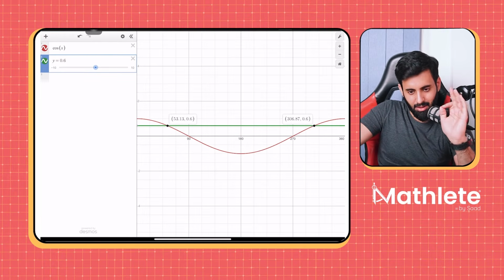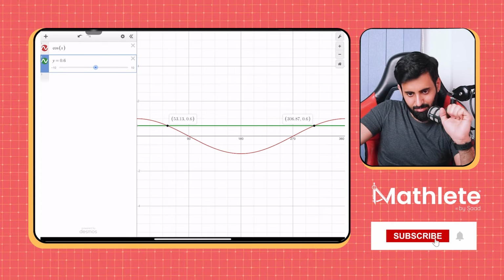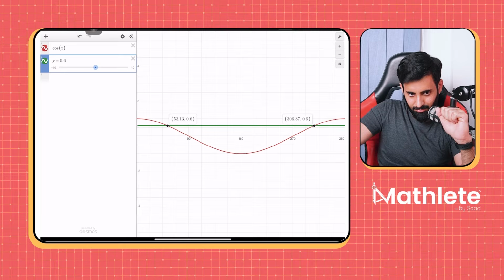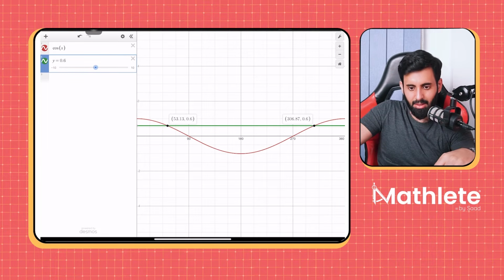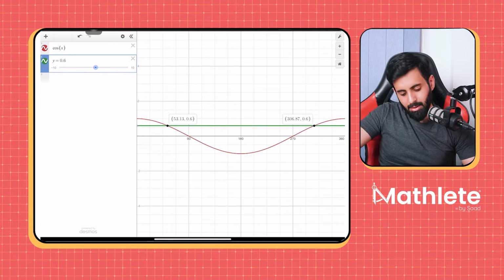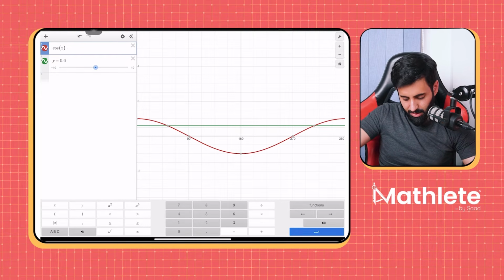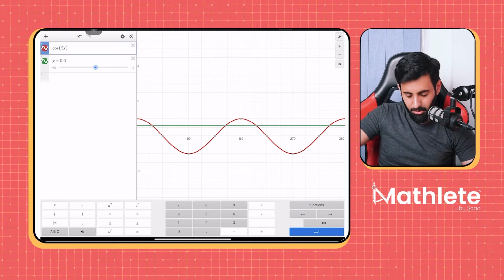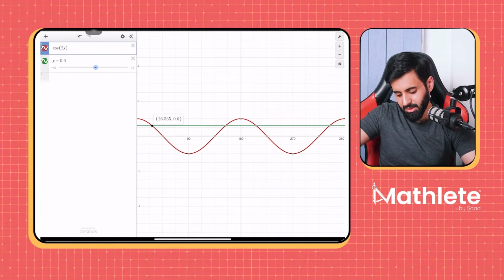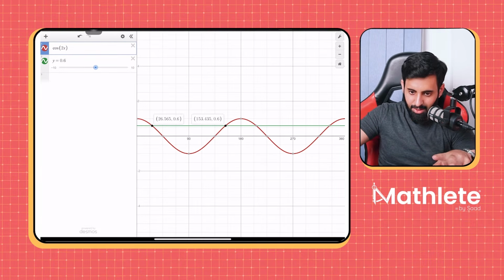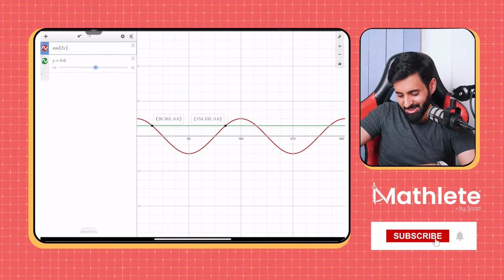Good job. Now explain to me why you say that. You're right. All of you are right. 4 is the correct answer, because the graph will repeat twice. If I change this to cos 2x, we're making 2 cycles. That means cos is passing through the same value not twice, but 4 times.